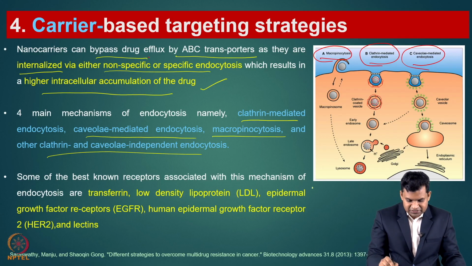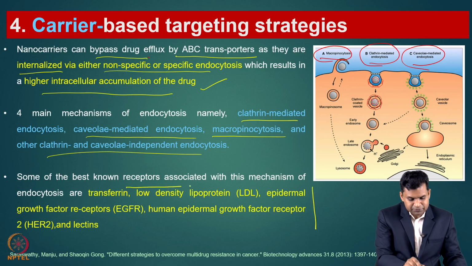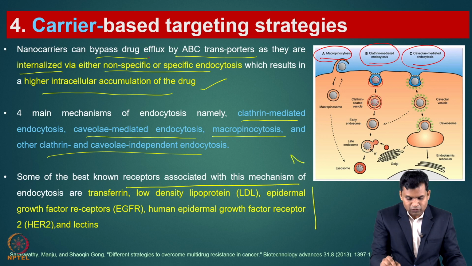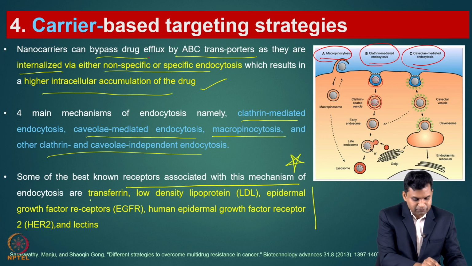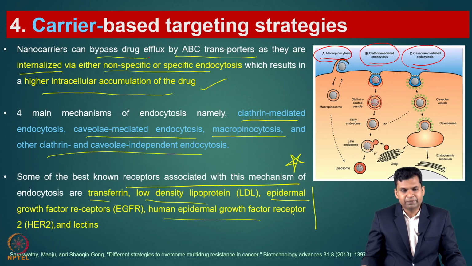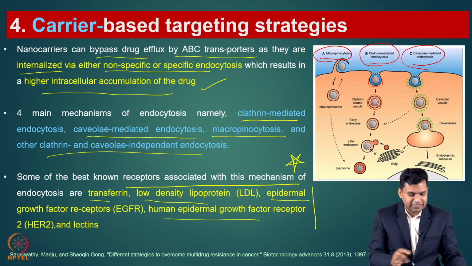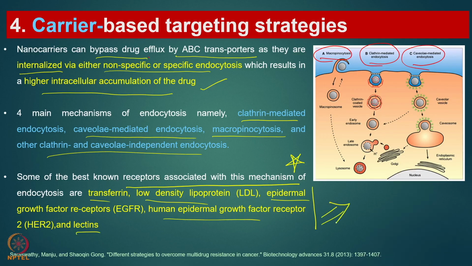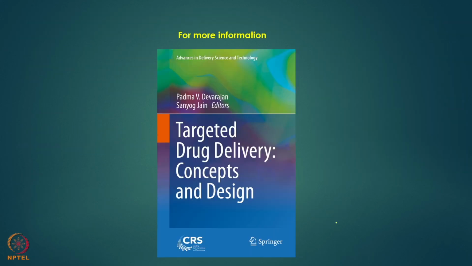You can also use various types of ligands which follow the receptor associated endocytosis mechanism, for example transferrin, LDL, epidermal growth factor receptors, human epidermal growth factor receptors, and lectins. With this we can also target various types of diseases.